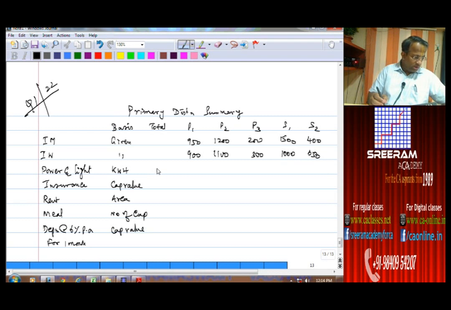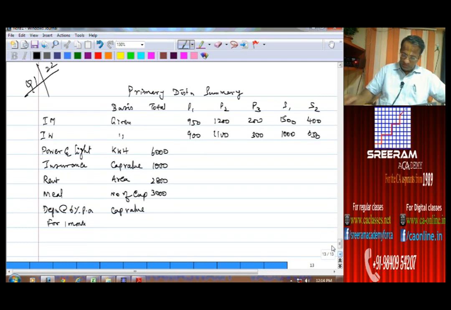So kilowatt hour basis, power and light 6000, 1000, 2800, then 3000. Then it is 1% on each one of those items. There is 6% on these items for 1 month.